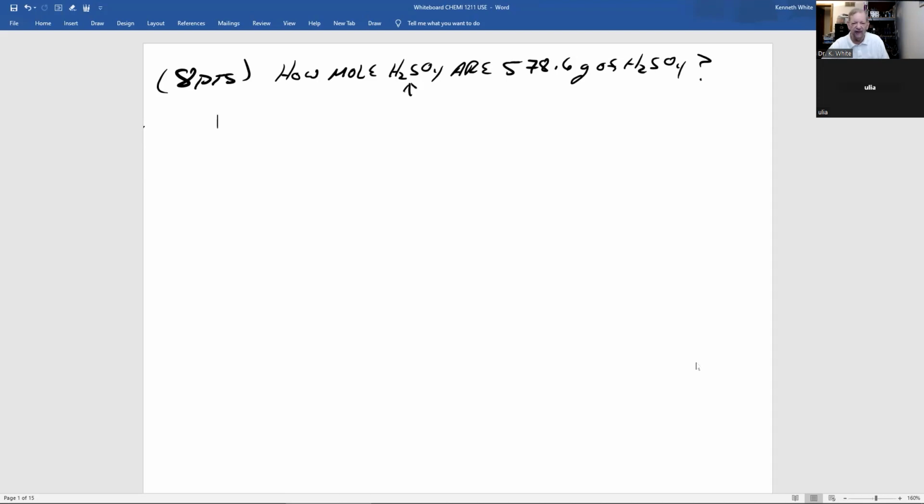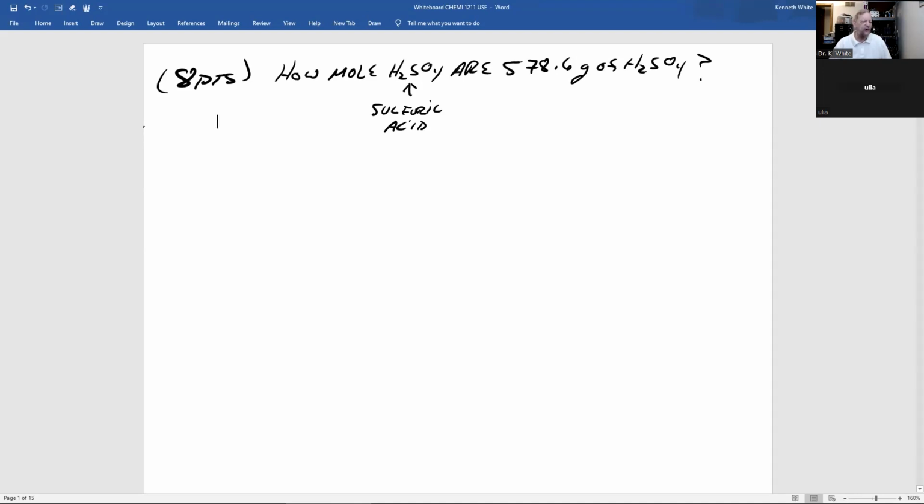This is a very important chemical. This is called sulfuric acid. Near the end of the semester, we'll talk about sulfuric acid and other acids. But how many moles of sulfuric acid, H2SO4, are in 578.6 grams of H2SO4, sulfuric acid?